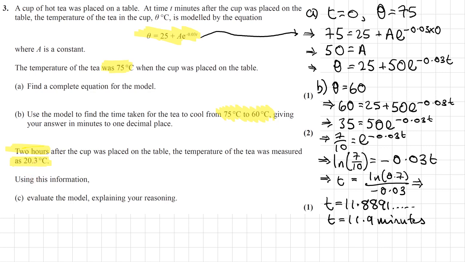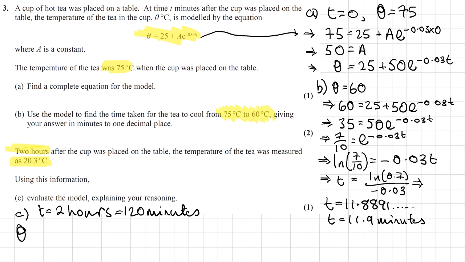So part C, we're going to put in 2 hours. So time is going to be 2 hours. Now, if we go back, t is measured in minutes, so we need to change that to minutes. So we need to make sure we put 120 into our model, and then we'll work out the temperature.